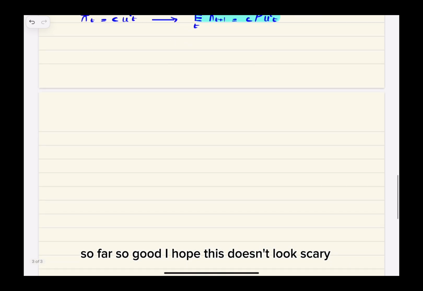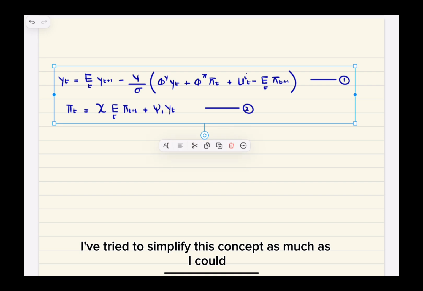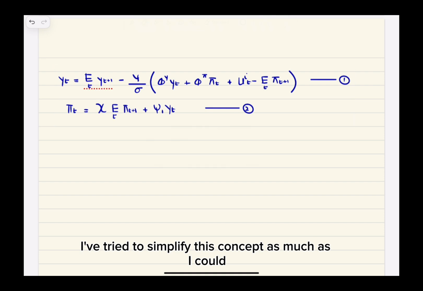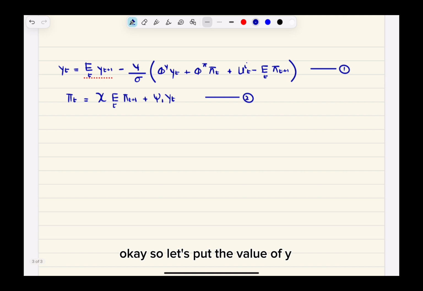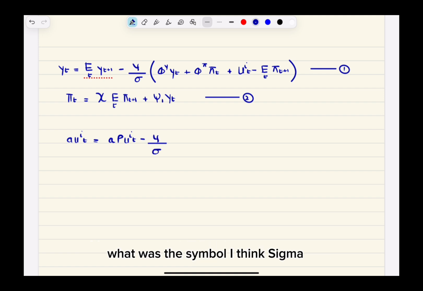So far so good. I hope this doesn't look scary. I've tried to simplify this concept as much as I could. Okay, so let's put the value of y. y was a u_t. This was a rho u_t minus gamma over, what was the symbol? I think sigma.